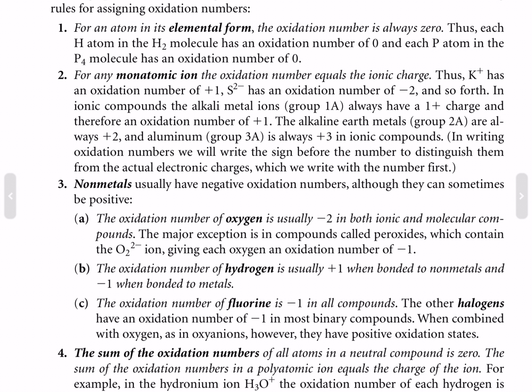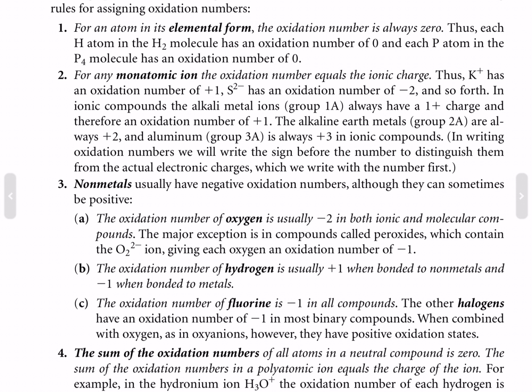Number 3. Nonmetals usually have negative oxidation numbers, although they can sometimes be positive. A. The oxidation number of oxygen is usually -2, both in its ionic and molecular compounds. The major exception is the compounds called peroxides, which contain the O2 2- ion, giving each oxygen an oxidation number of -1.